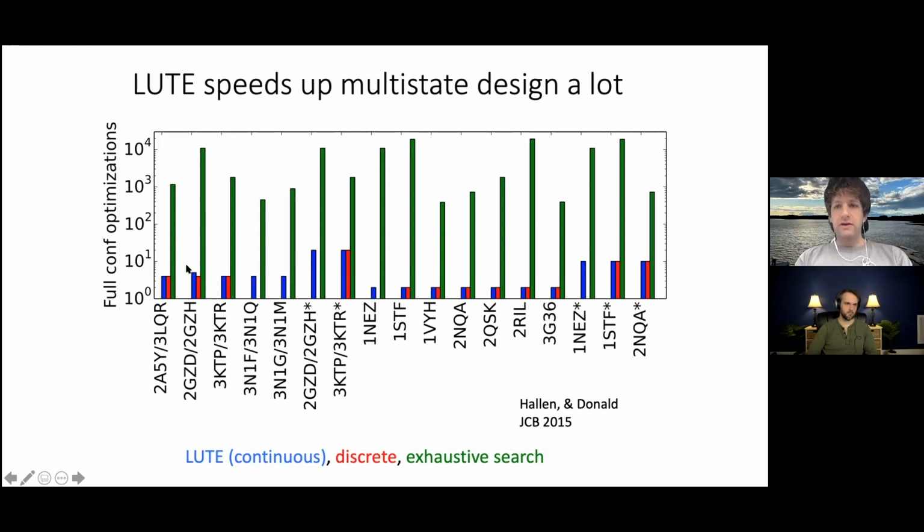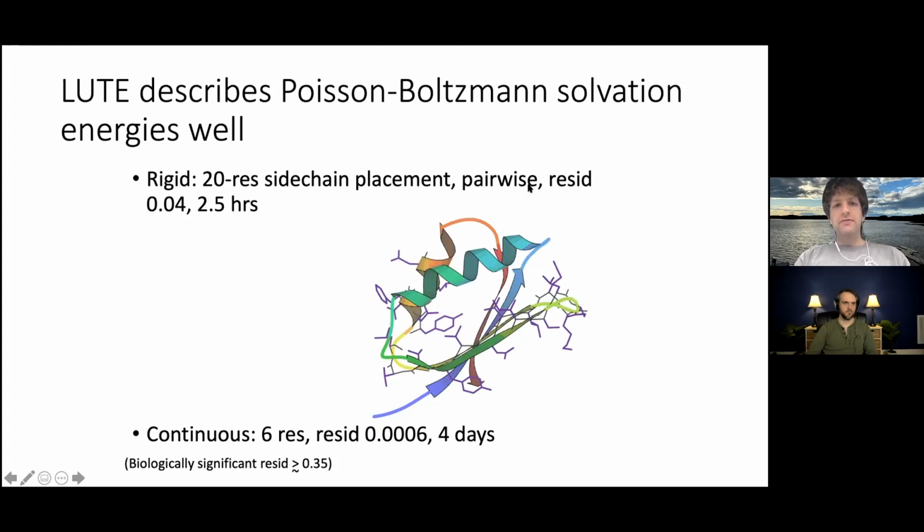Basically, you saw that the complexity of doing this with LUTE is far more similar to the complexity of using a discrete search than it is to the previous continuous methods. So it gives you the benefits of the continuous method without most of the design computational cost that comes with it.